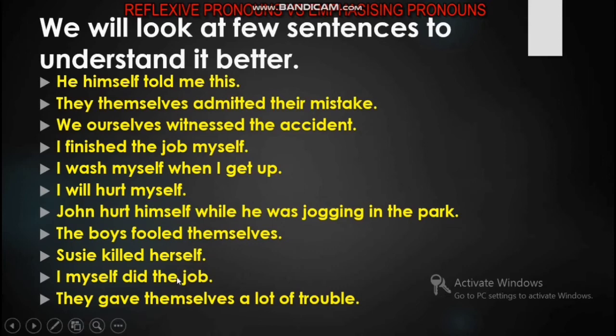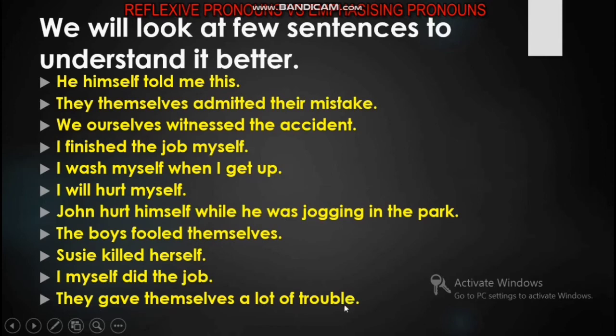I myself did the job. Here nobody else. It's put over here to put an emphasis. Nobody else, but I did the job. I myself did the job, so emphasis has been laid. Myself is used as an emphasizing pronoun. They gave themselves a lot of trouble. Again, they gave a lot of trouble to themselves.